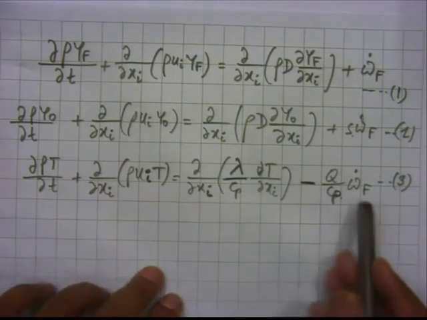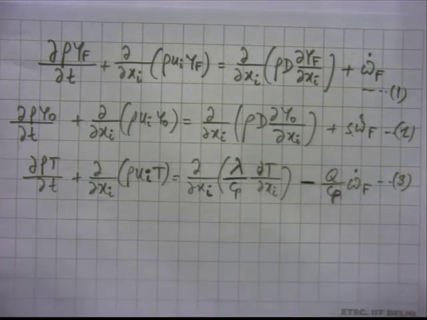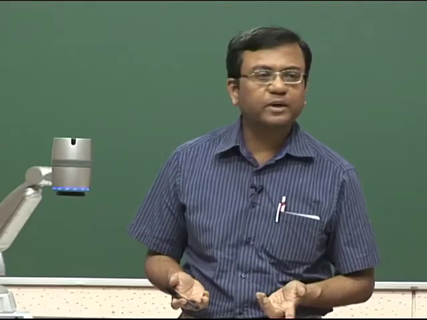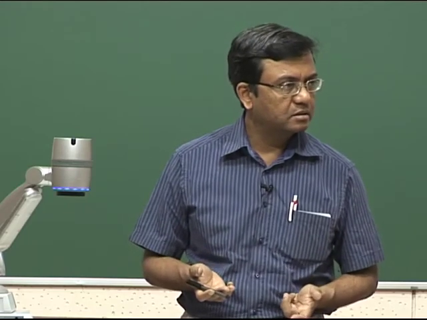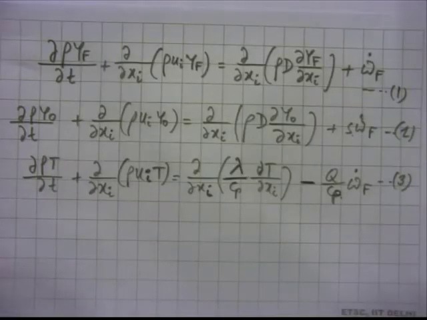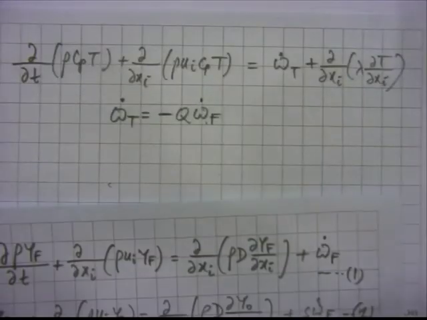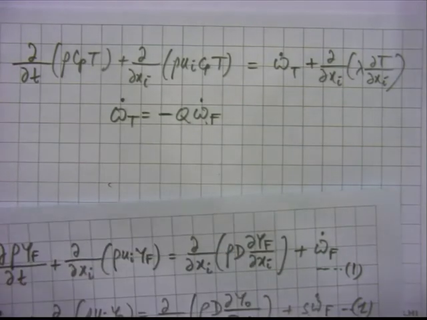Now the source term in the energy equation cannot be exactly with the same dimensions of omega dot f, right? It has to translate to energy, correct? So who is doing the translation? It's actually omega dot f multiplied by q that will make it from a species consumption term to an energy term. But why do we have the negative sign?